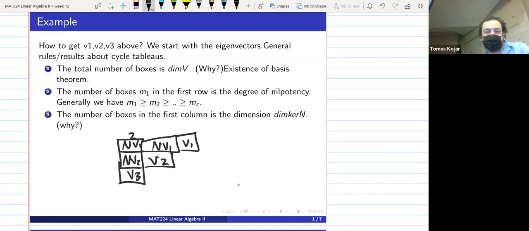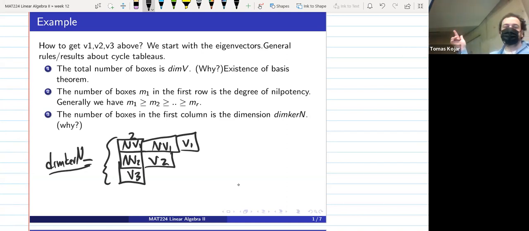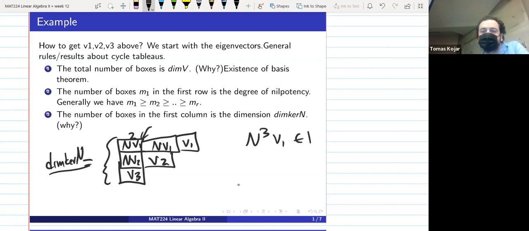And the claim is that the number of boxes here is equal to the dim kernel of N. In a way, this is again a theorem, but the way you can see it is that we were not allowed to go any further. The first whole row is easy because N cubed v1 is 0. So N squared v1 is in the kernel of N.